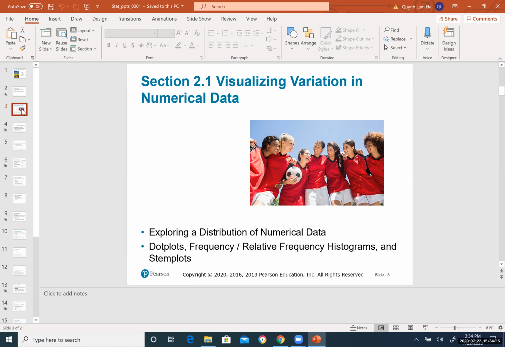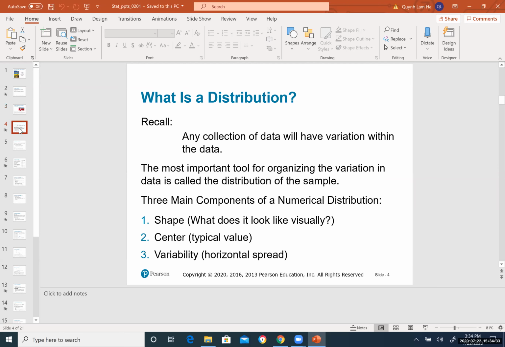These three types of graphs represent numerical data. Almost all numerical data use these types of graphs: dot plot, histogram, and stem plot. Actually, there are more, but right here, we only focus on three types.